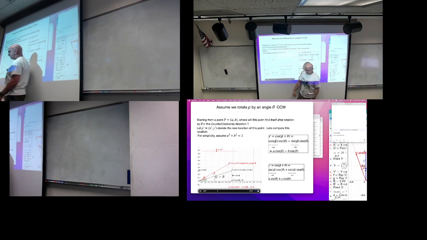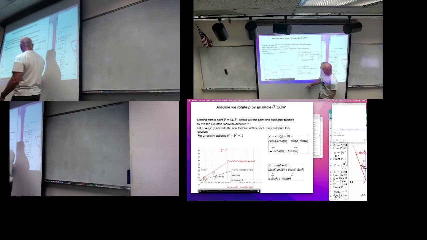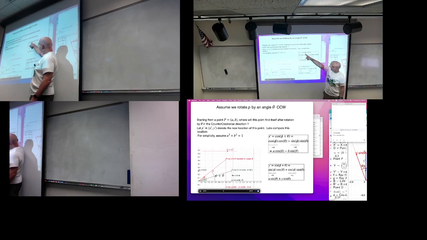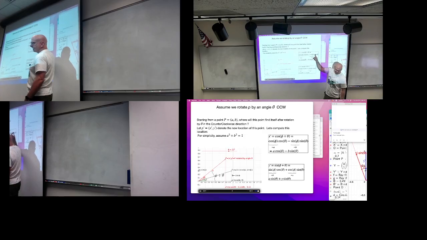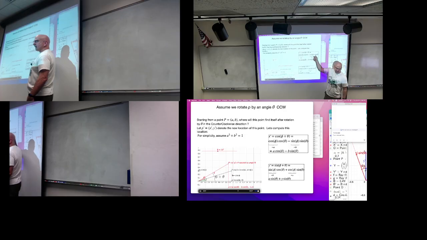So cosine phi plus theta, we have a formula for it. Cosine phi plus theta is cosine phi cosine theta minus sine phi sine theta. And that's independent of where the point P actually lies.